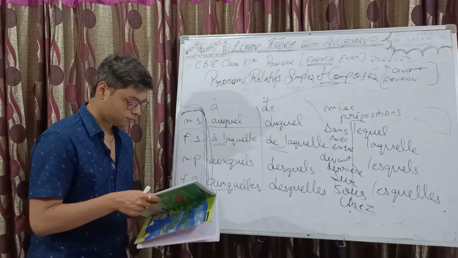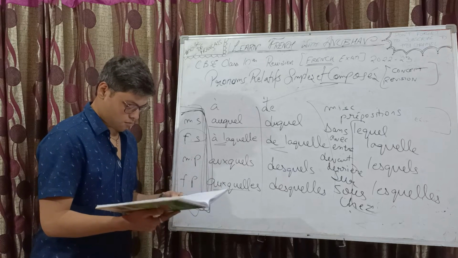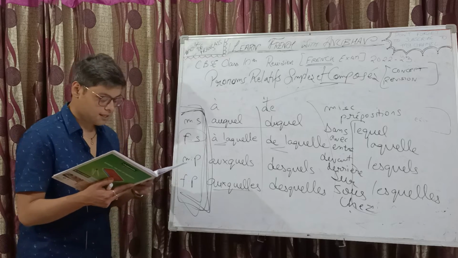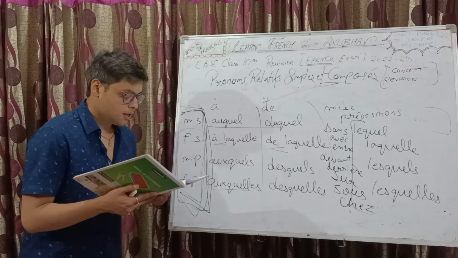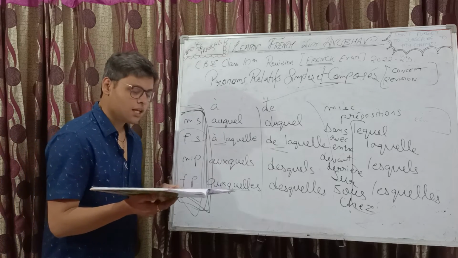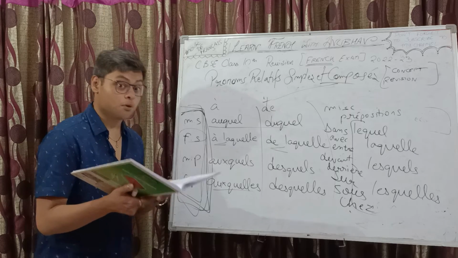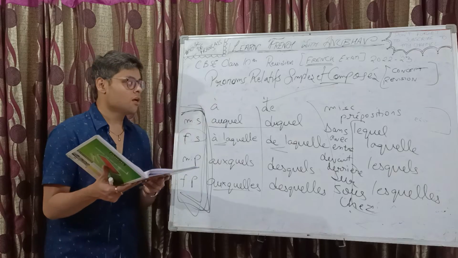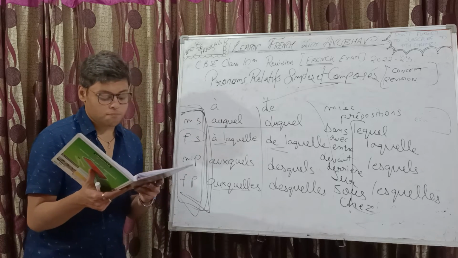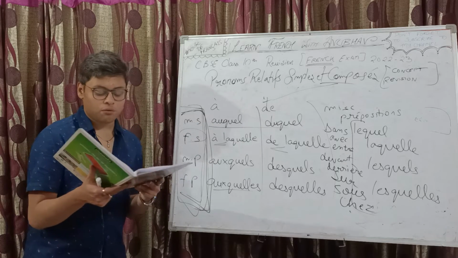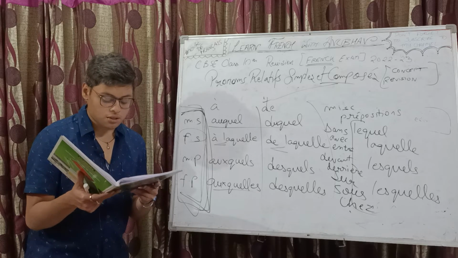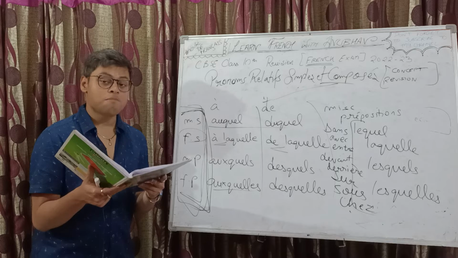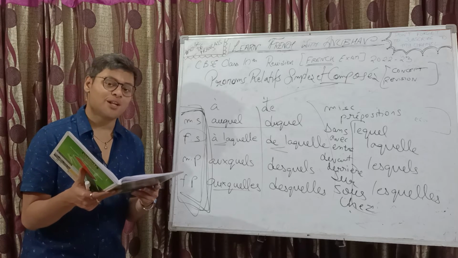We have discussed this point as well. Now, if we talk about the bookish definition, when to use pronoms relatifs composés: they are used when we have to introduce a relative subordinate clause, complement of an antecedent, usually the noun or pronoun preceding the relative pronoun.